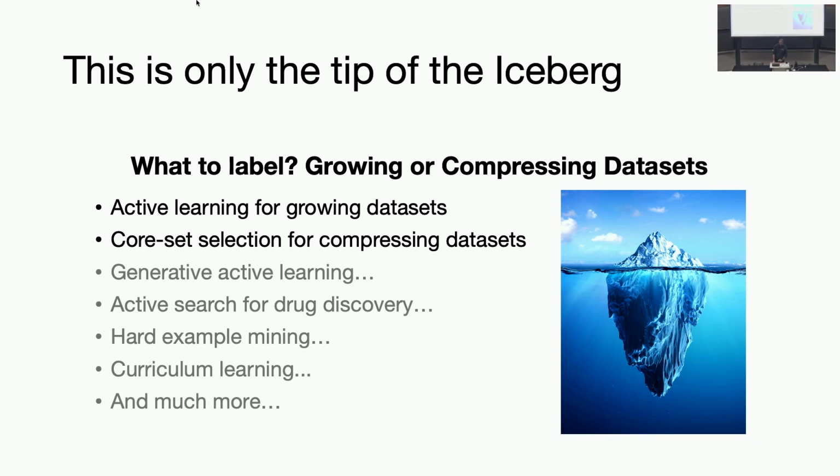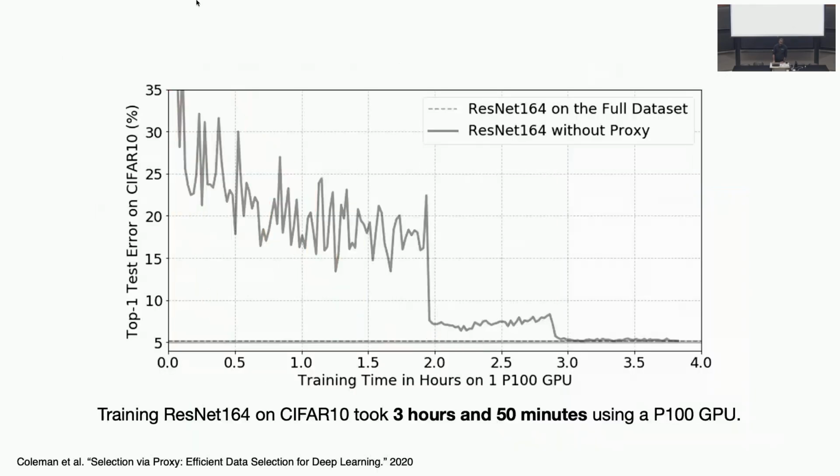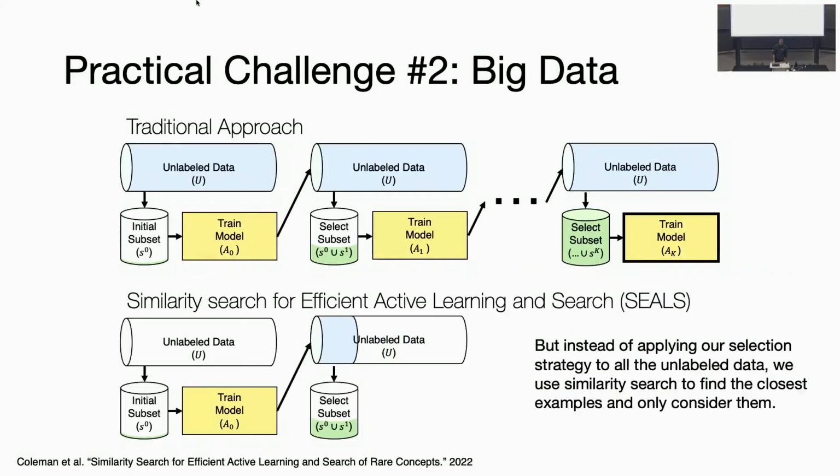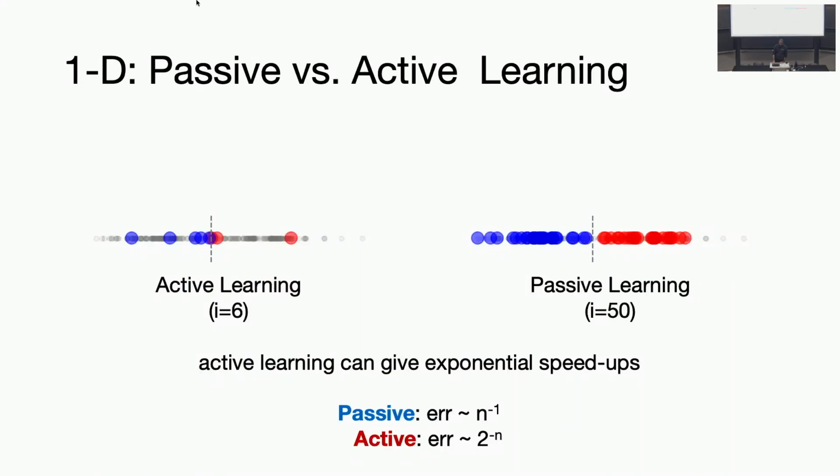Thinking about the lab assignment, which I believe should be posted on the website, what you'll do, which I forgot to mention, is go through the process of implementing active learning on a one-dimensional line. So you can see the speed up firsthand.